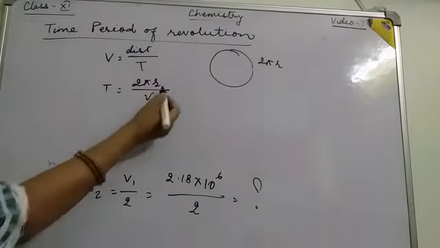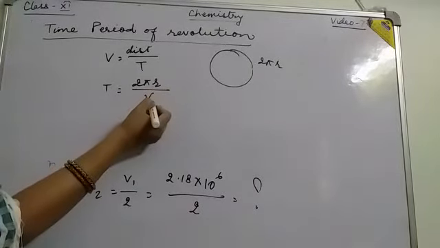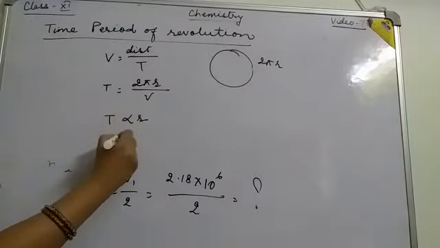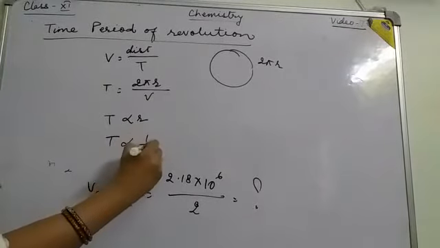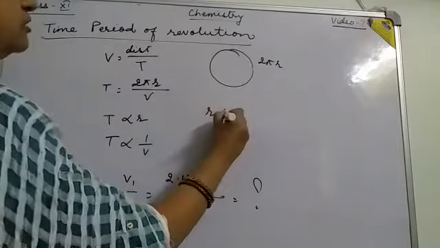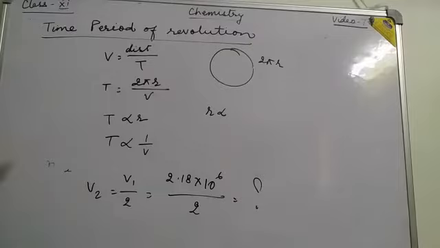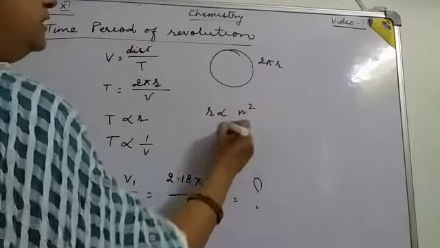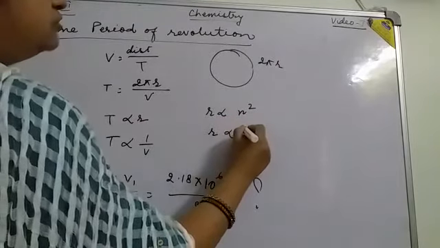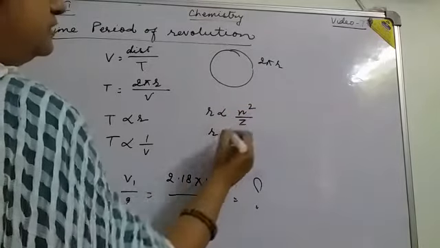We can use the calculated radius and velocity in these two terms. So here t is directly proportional to r and t is inversely proportional to the velocity. We know that r is directly proportional to n square by z.